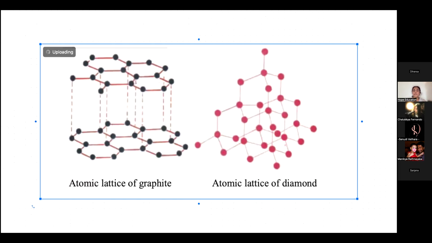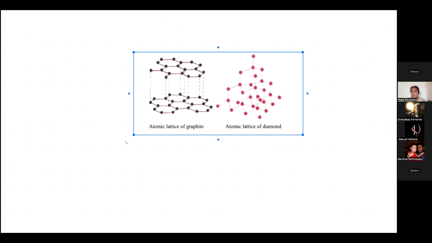Since we already wrote about graphite and diamond last week, I will just explain this part. Can all of you see the picture on the whiteboard?